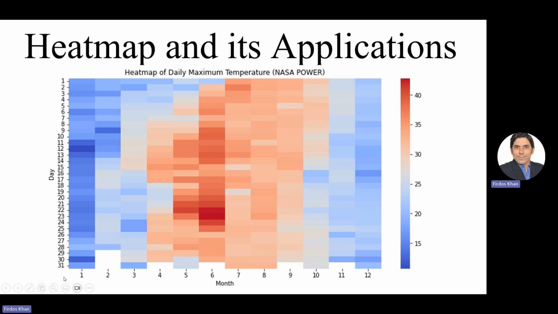This bar on the right side shows the temperature. You can see it starts from below 15 and reaches 40 plus, and it can be 42 or something like that on June 22 and 23 in this particular year.